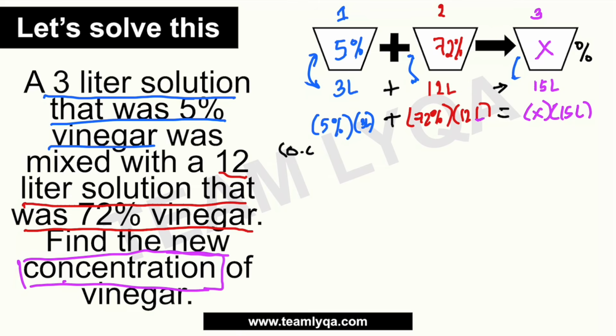5% is 0.05. So again, kaya nga sinasabi natin, importante yung conversion ng percentage to decimal. No? Tapos imumultiply ko siya sa 3. Ito, magiging 0.72. Okay? Times 12. Tapos ito, magiging 15x na lang siya. Again, you can solve it like that, or yung ginagawa ko, which is, iniiwan ko yung percentage as it is.